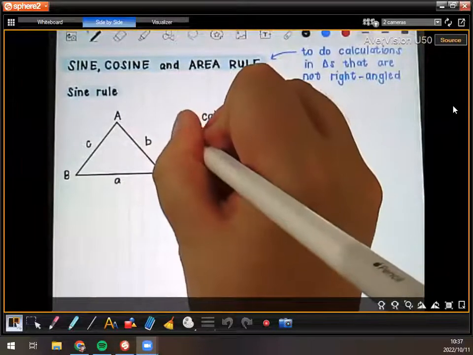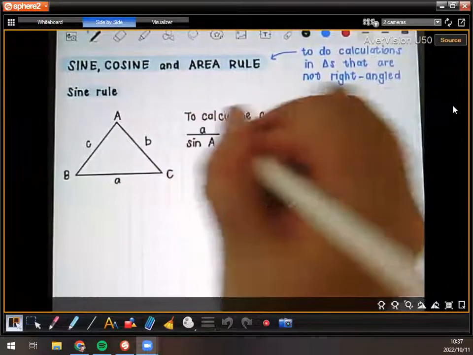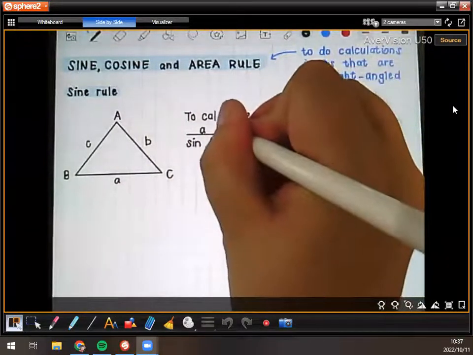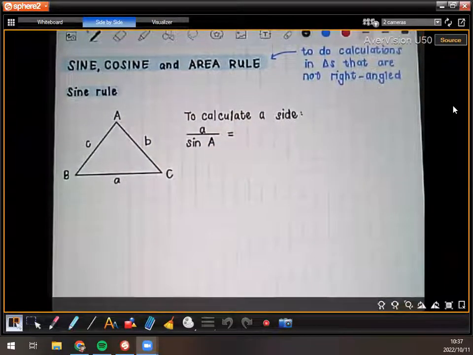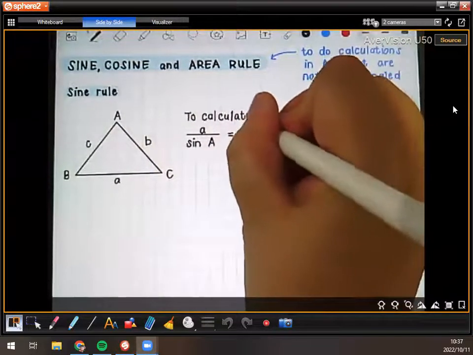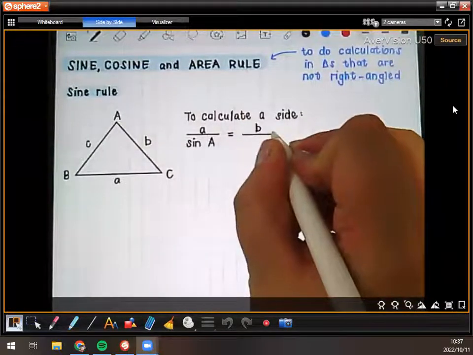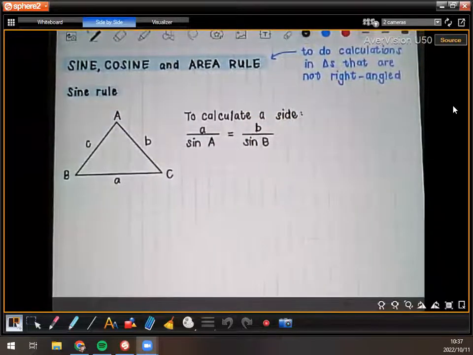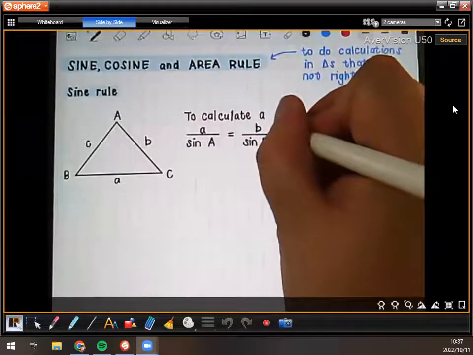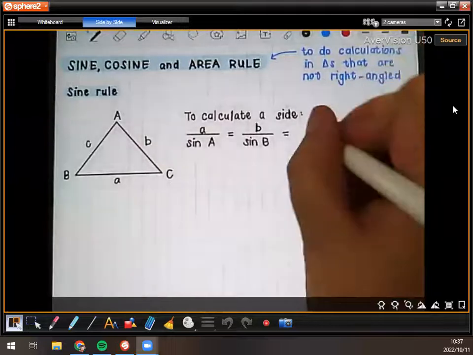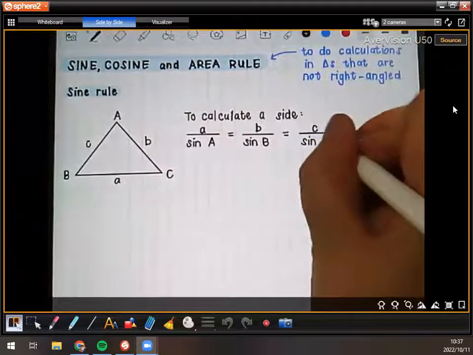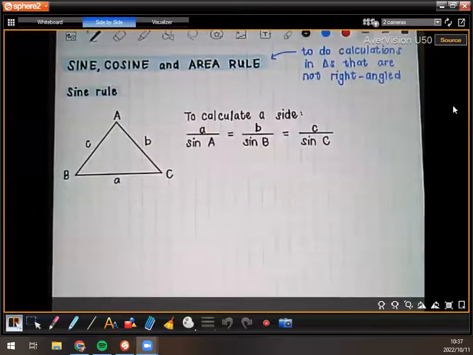But that will then be over sine of the opposite angle, so angle A. And that will then be equal to any of the other sides. So let's say, for example, side b over sine of the opposite angle. Or, I'm going to put another equals here, but you'll see how I'm going to use it. You can also use side c over sine of the opposite angle.